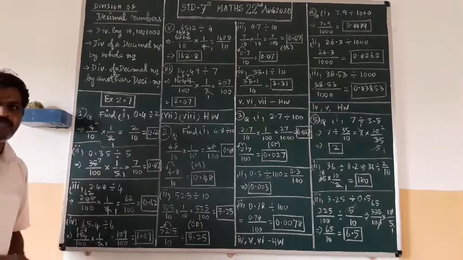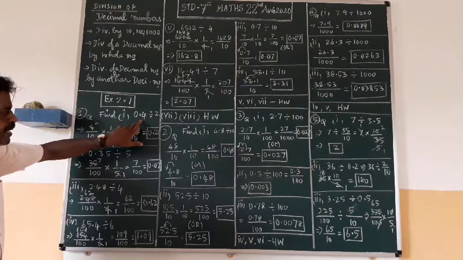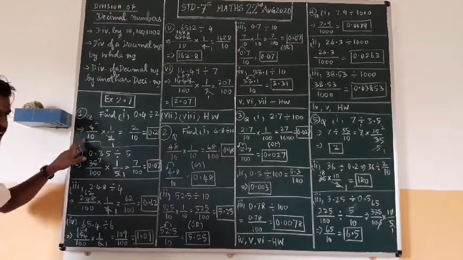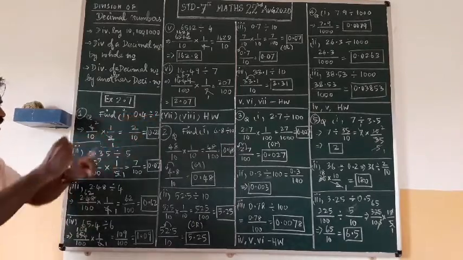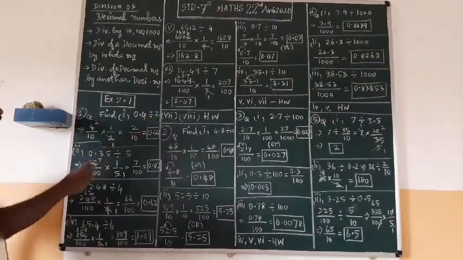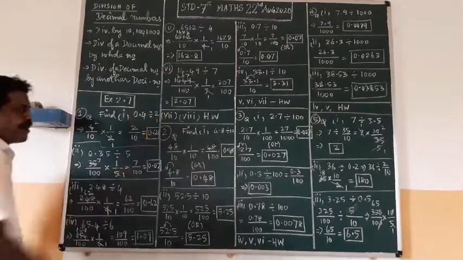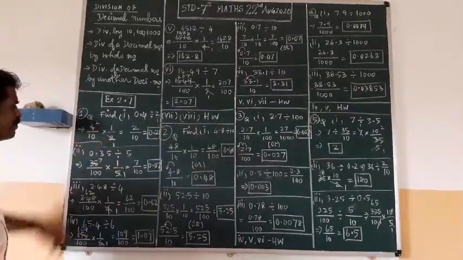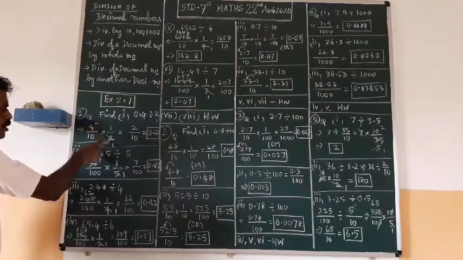We have done many problems like this in the previous exercise. So I remove the decimal, writing 0.4 as 4 upon 10 because it is a single digit after the decimal. Then 2 is a whole number, so I take the reciprocal, 1 upon 2, because 2 is assumed as 2 upon 1. Multiplying by 1 upon 2, I cancel: 2 divides 4, 2 times.